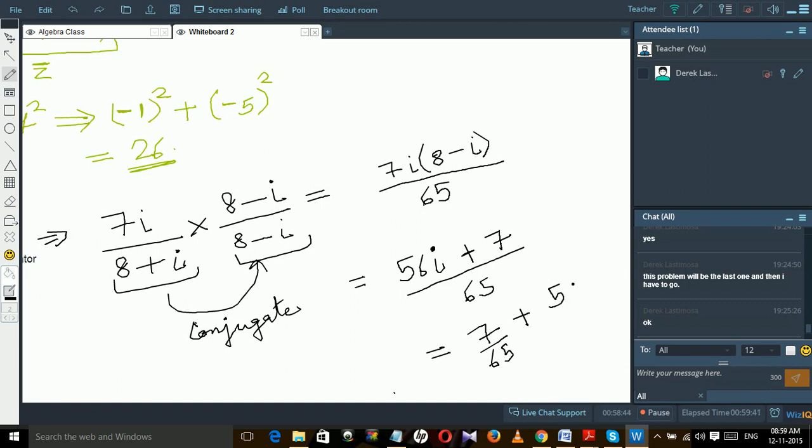Why is it 65? If you want to simplify it further, this is your 7 plus 56 iota by 65.